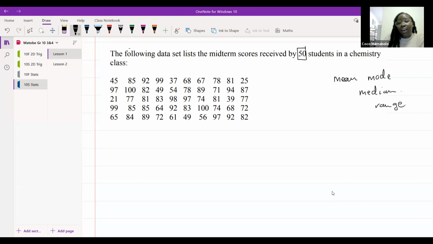I'm going to draw my own table. I want you guys to decide for us, what intervals are we going to use to calculate for this? Who can think of proper intervals that we can use?